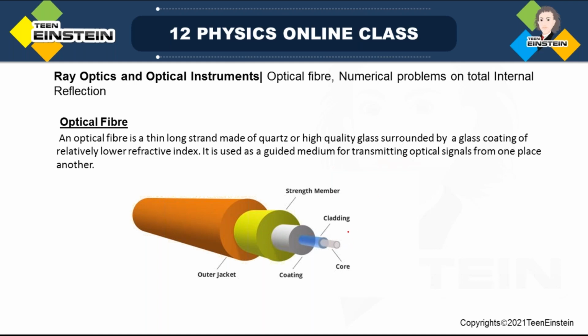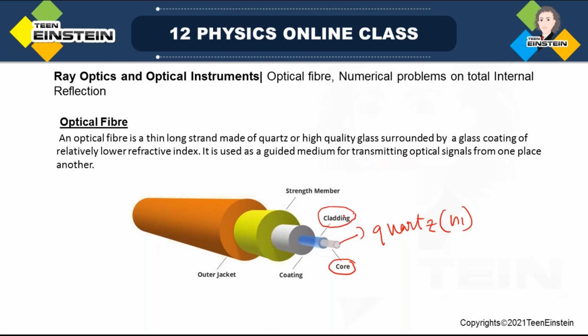See, inside there is the inner core. First you have the inner core, which is called simply the core, and just on top of that there is a coating, that is another material. So if this is quartz, suppose it has refractive index n1, the coating is called the cladding, as you can see.